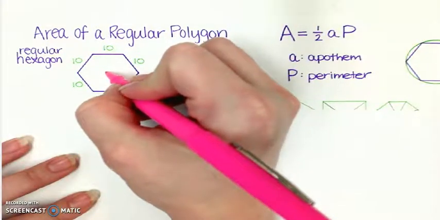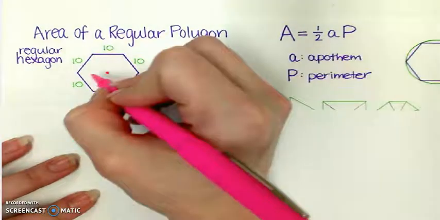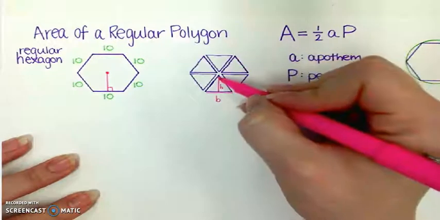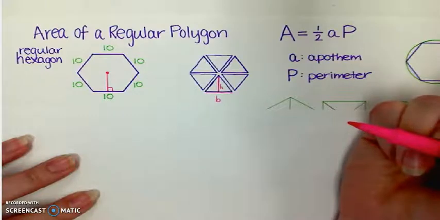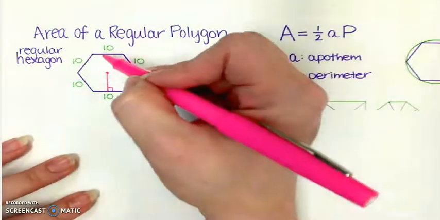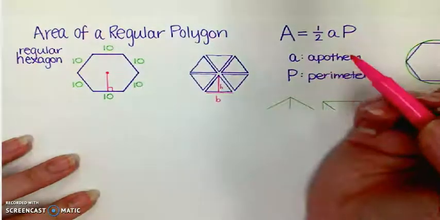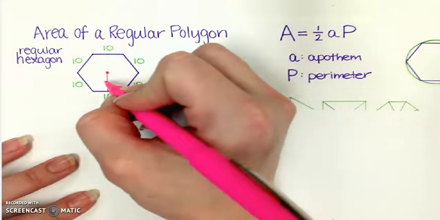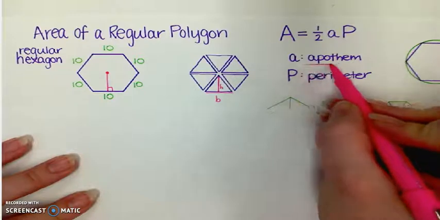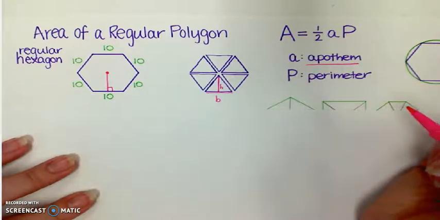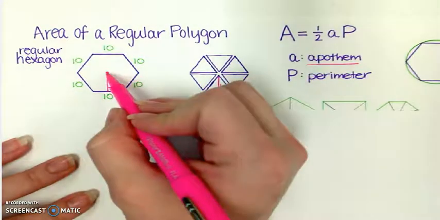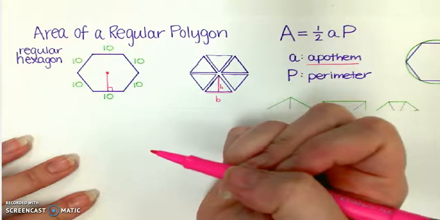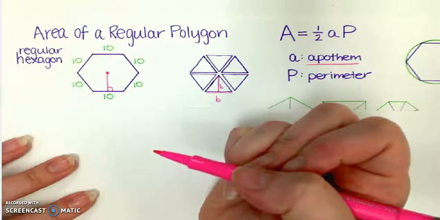Instead of calling it the height, which wouldn't really make sense, because really it's only going from the center down. If you look at this, it's going from the center down. They don't call it the height, because probably the height would want to be from the top to the bottom. So instead of calling it height, they call it apothem. It's just the perpendicular distance from the center to the edge, to the side of the polygon.